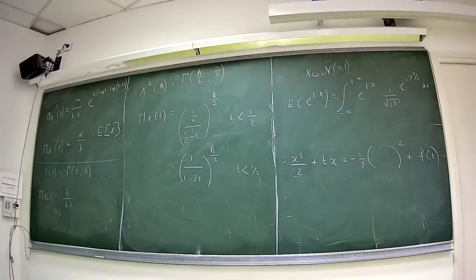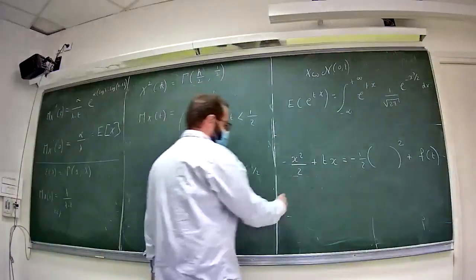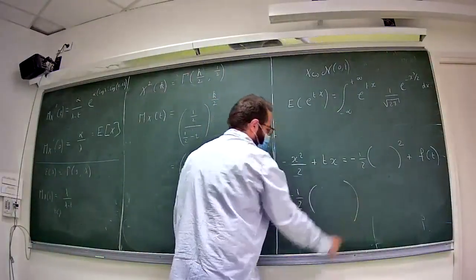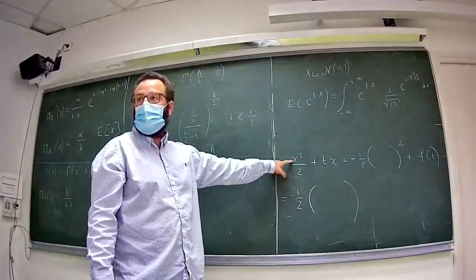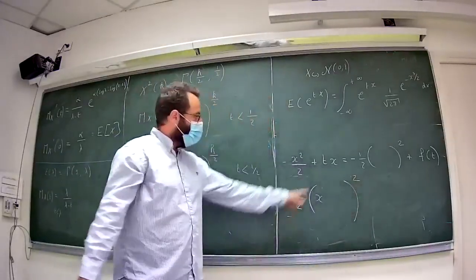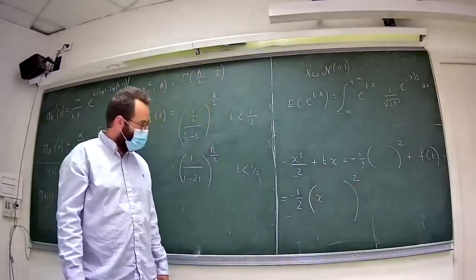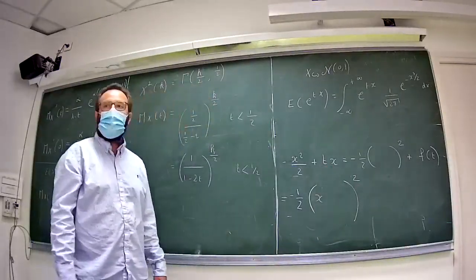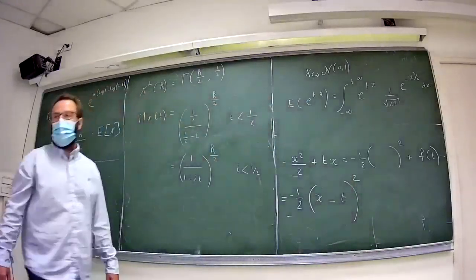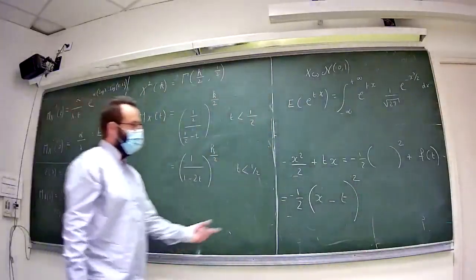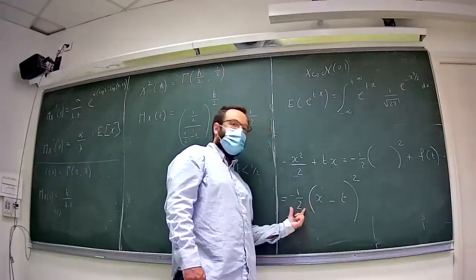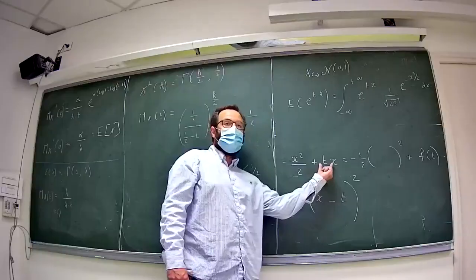How to do it? I don't have the choice. I put minus 1/2 in factor. I need to make appear the x here, so I put an x inside to have my square. And if I want to make appear the tx, I have to put minus t here. If I put minus t, the double product will be minus 2tx divided by 2, so minus tx with a minus, giving plus tx.